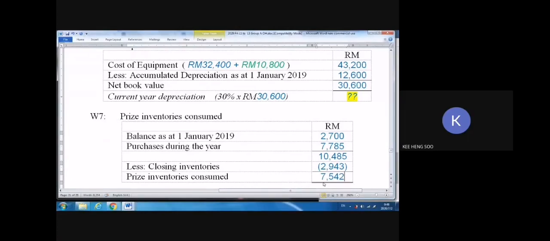Right? Okay, 7542. Price inventory consumed.